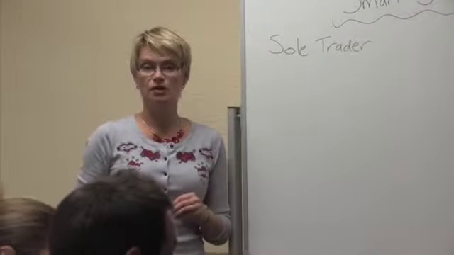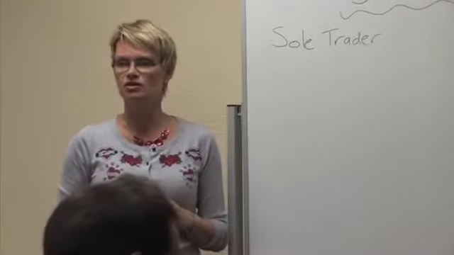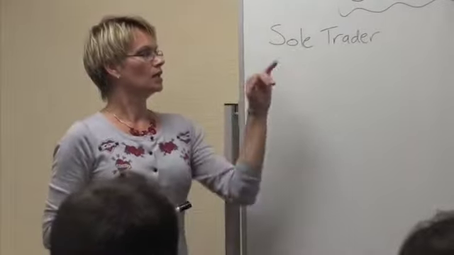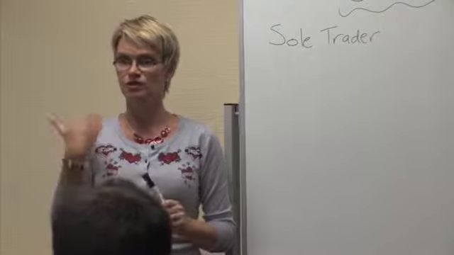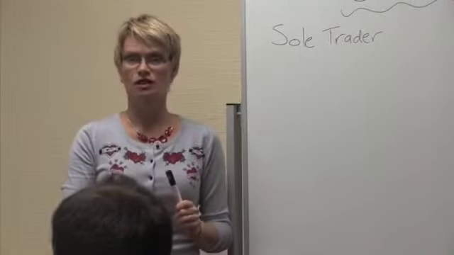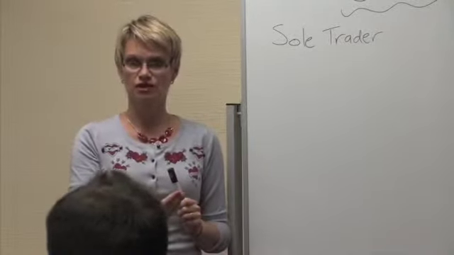They're the ones who will pay all the taxes, they'll be the ones who make all the profit. They cannot take a wage with tax deducted off it. So what they do is they take their profit.